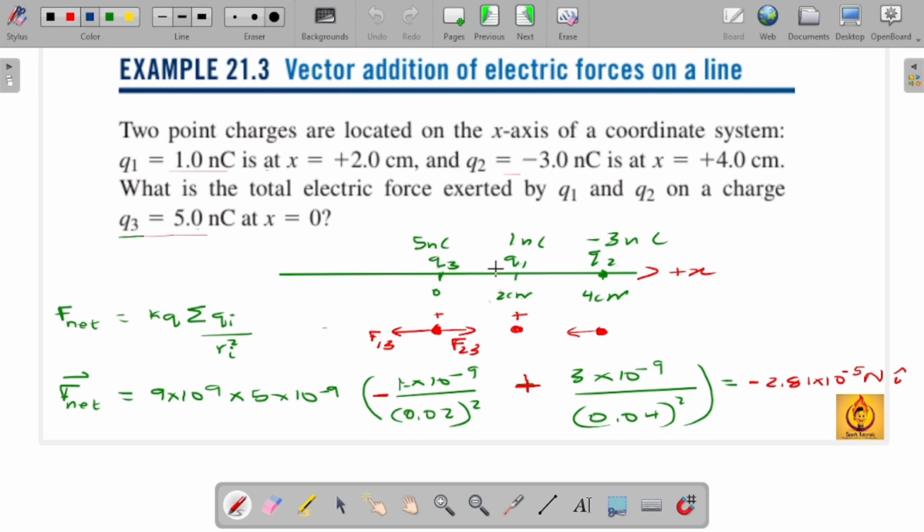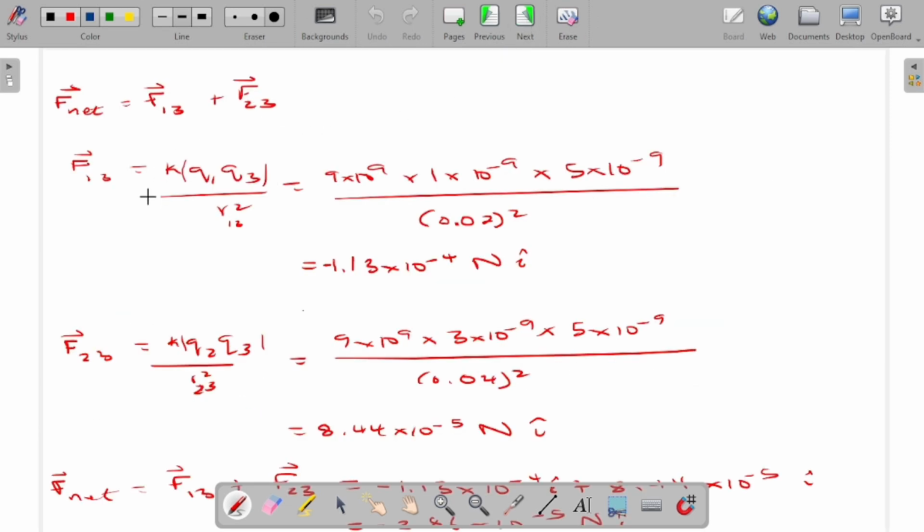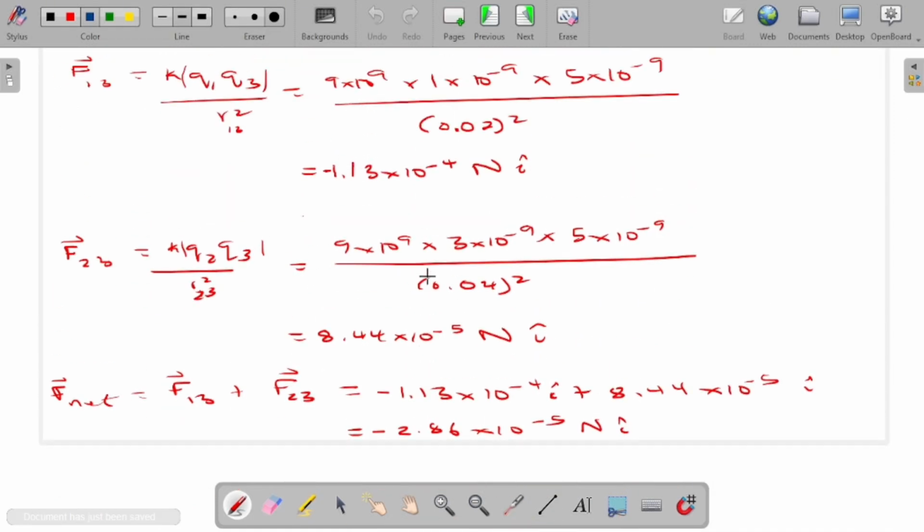The repulsion from Q1 and the attraction from Q2 are combined. We realize that this method wants you to be extra careful in comparison to calculating those forces one by one, calculating the force of 1 on 3 and the force of 2 on 3 and then adding them afterwards.